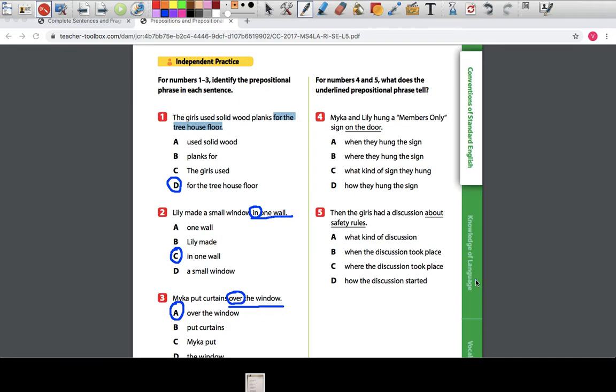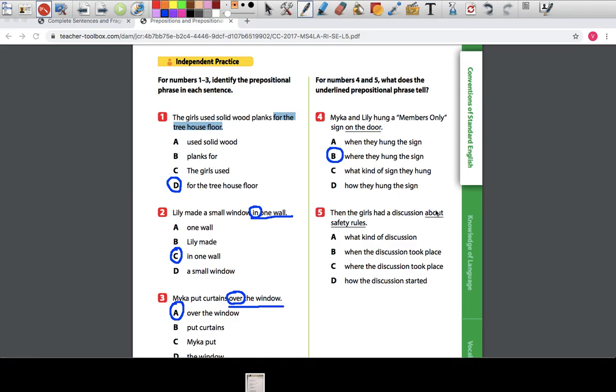And number 4 and 5, what does the underlined prepositional phrase tell us? Mika and Lily hung a members only sign on the door. So let's look at A. When they hung the sign. Does on the door tell me when, where, what kind, or how? And on, I believe, would tell me where it's at. And then the last one.